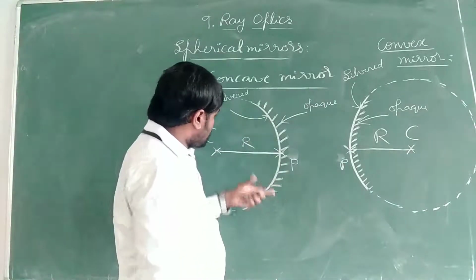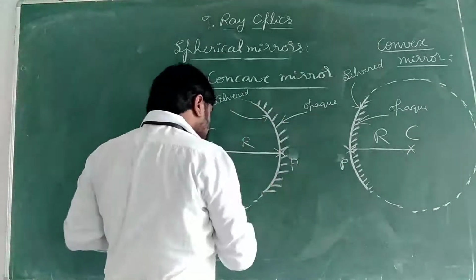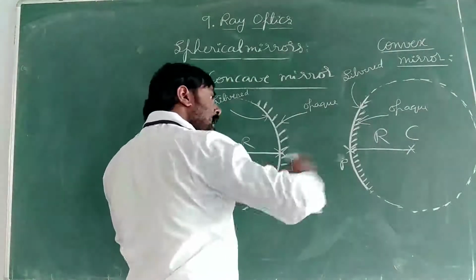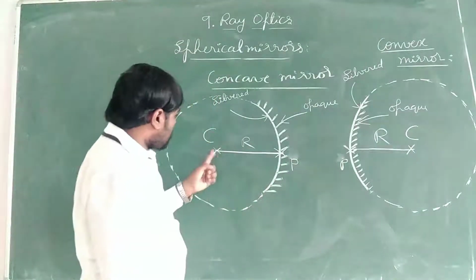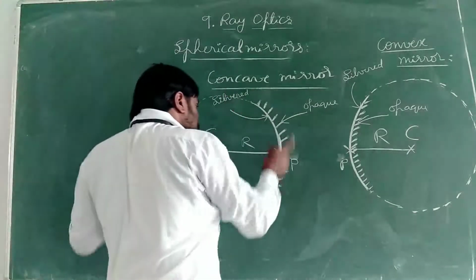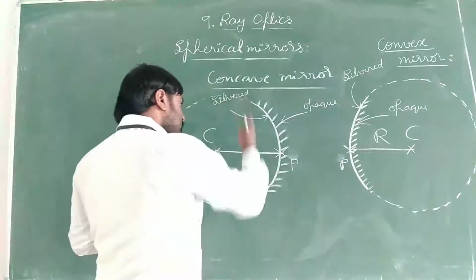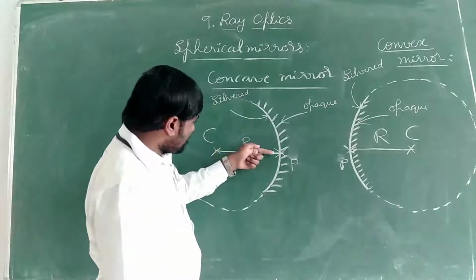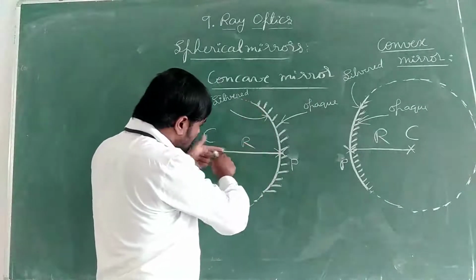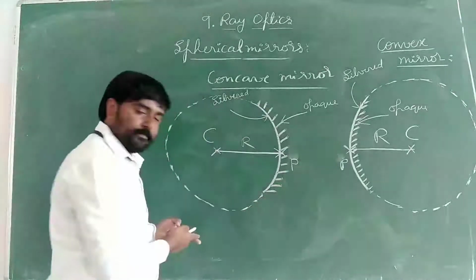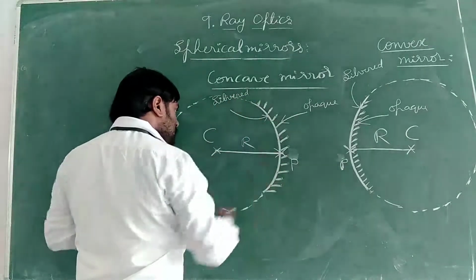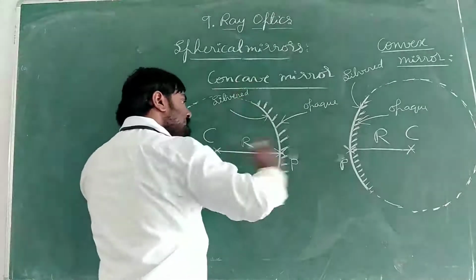Radius of curvature is the radius of the sphere, but the given mirror is a part. Radius of curvature is the radius of the sphere, but the given mirror is a part.